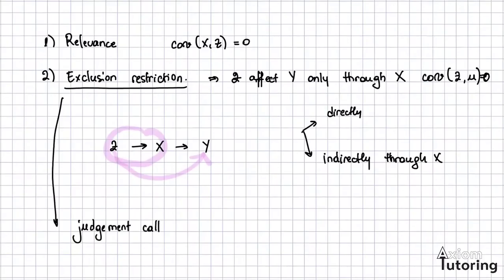Which means that if you're ever asked in an exam to explain whether you believe that the exclusion restriction has been fulfilled or not, then you have to come up with some sort of explanation by putting actual context into the example that you have, why that might be true or why that might not be true. So you have to argue convincingly.